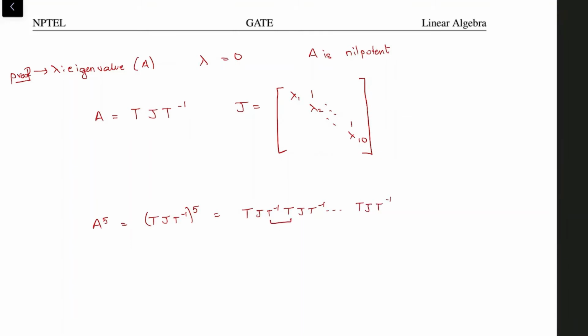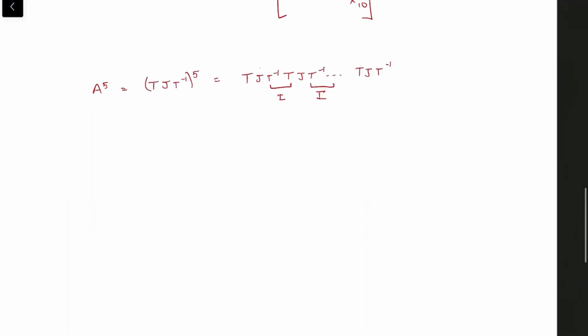Now T into T inverse is I, so that disappears. So every T inverse and T in between two J's will disappear. So this will be T J 5 times and then T inverse. So this is T J power 5 T inverse.